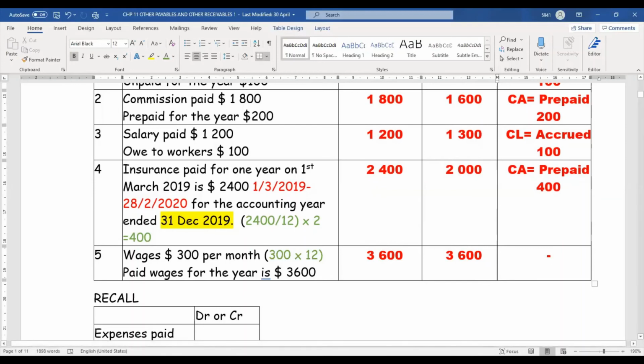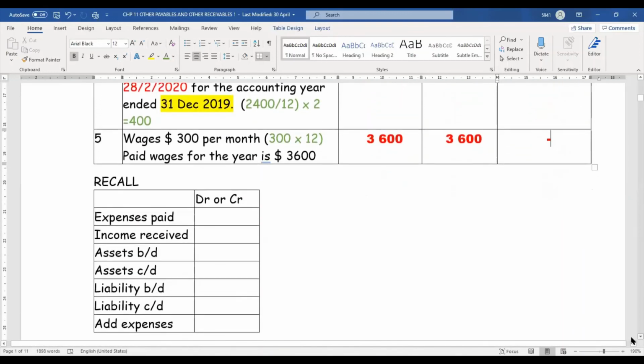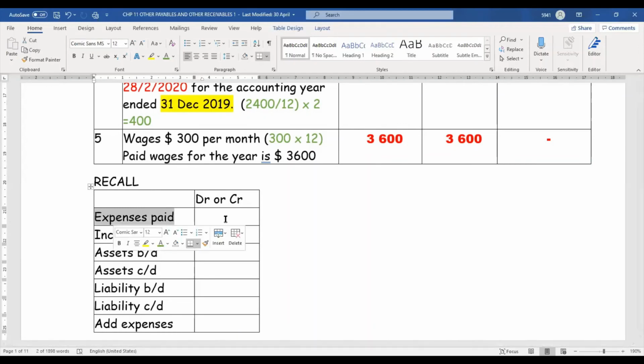Okay, before we continue with the example, we need to recall some other things. What are the things? We need to decide this particular thing will be debit or credit. Very important.